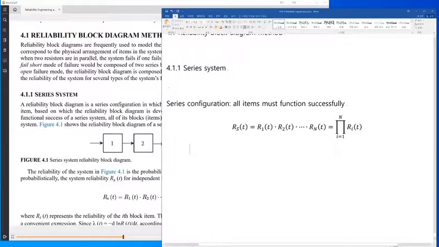So in this case, how can we calculate the hazard rate? The hazard rate for the system is denoted as lambda S, because hazard is also closely related to failure rate.